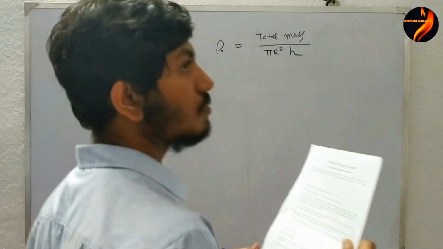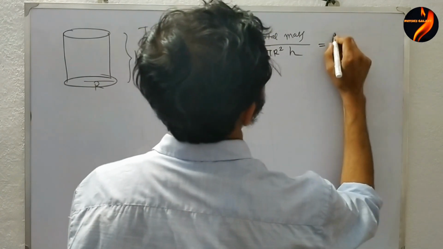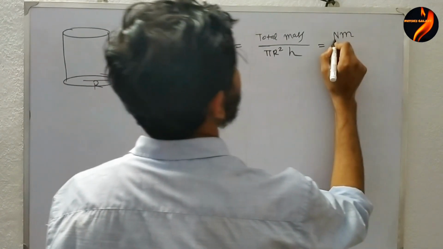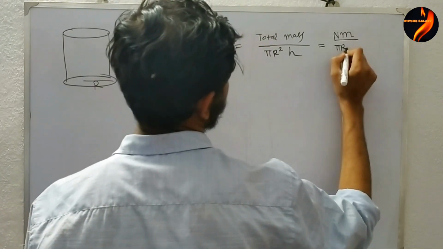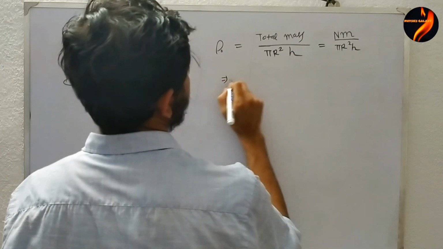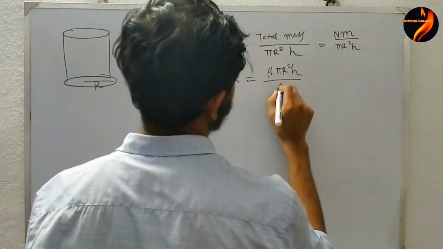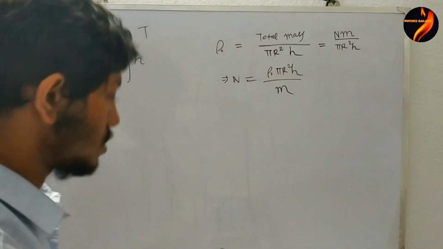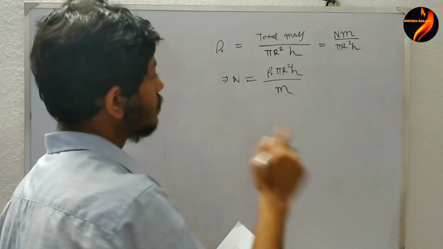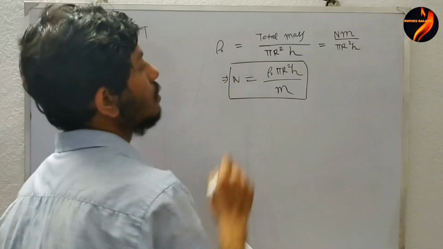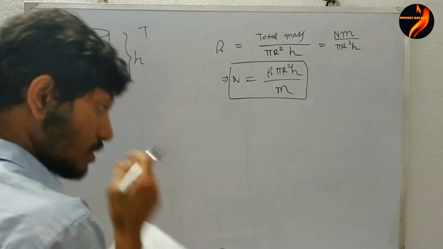So first of all, I have to calculate the total number of molecules. The mass density is the total number of molecules N times m divided by pi r squared h. So N equals rho naught times pi r squared h divided by m, because here the small m is given, the mass of a single molecule. So this is the total number of molecules contained in this container.